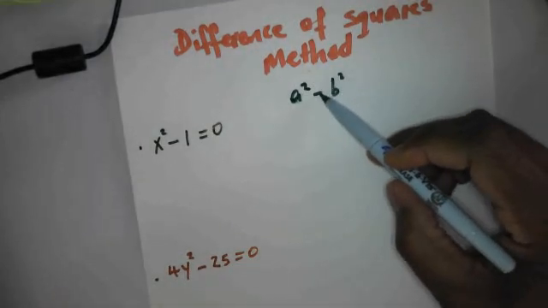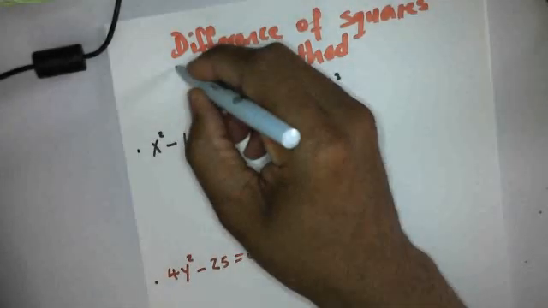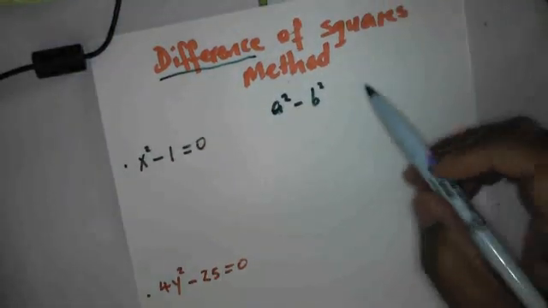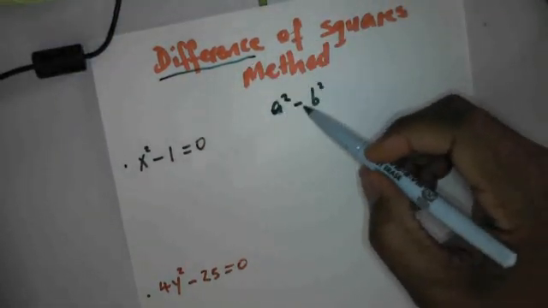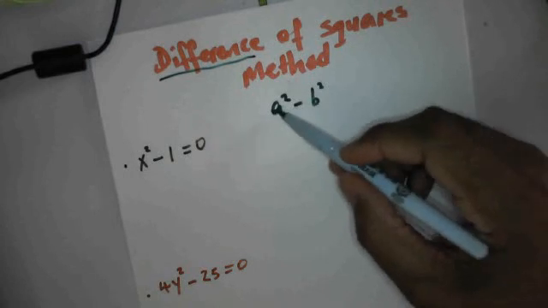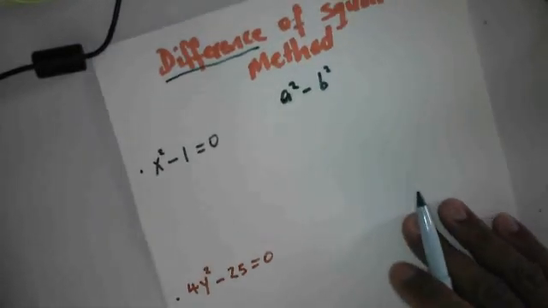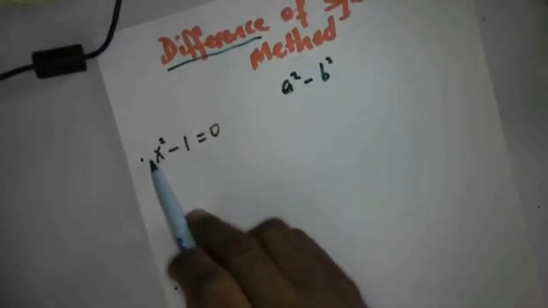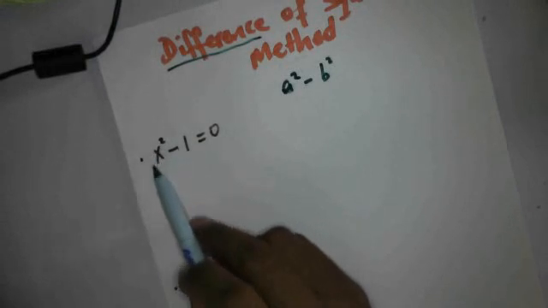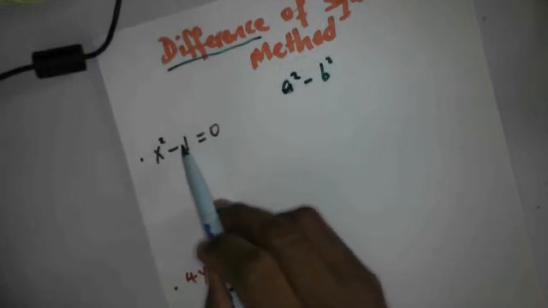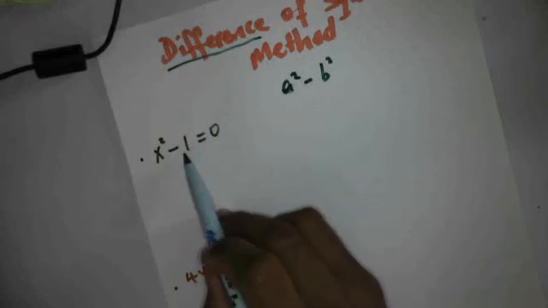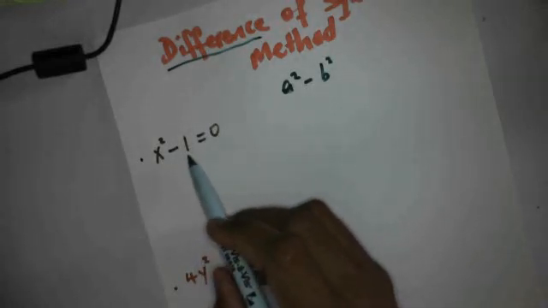Another name for minus is difference, and that is why it is called difference of squares. So you're taking the difference of two squares. Once you recognize that your first term is a squared term and your second term is a squared term, and you're subtracting both terms, then that's a difference of squares.